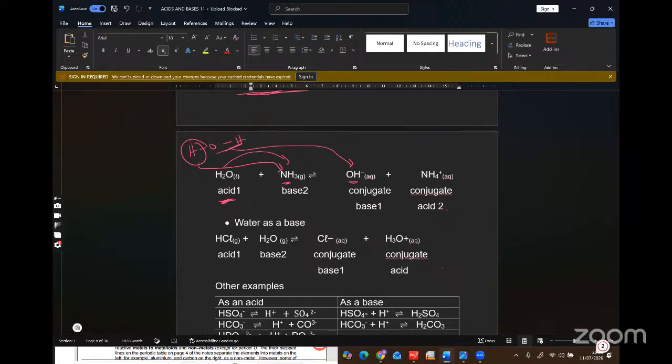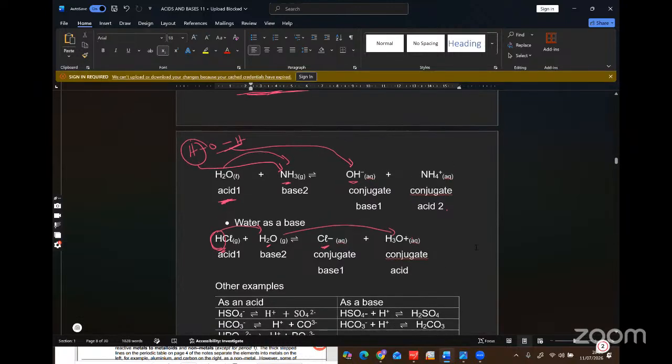So, for example, this is an acid, and instead of water donating to this, it accepts protons or hydrogen ions. So this one is added to the water, and the number of hydrogens increase. That's why you have H3O positive. And then when you strip this one of hydrogen, you'll be left with this. So this is how water acts as an acid and a base at the same time.